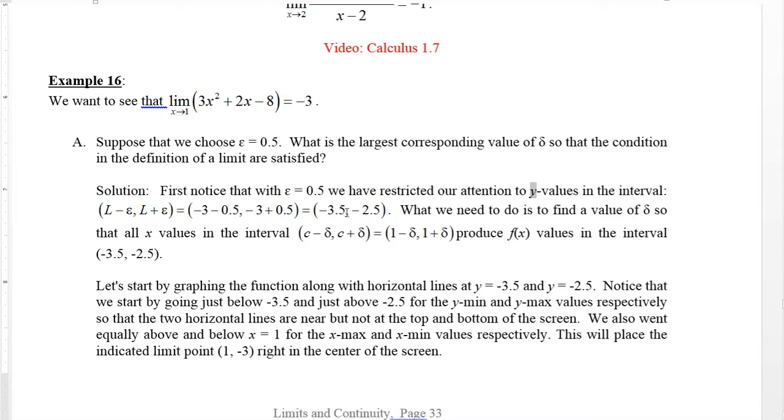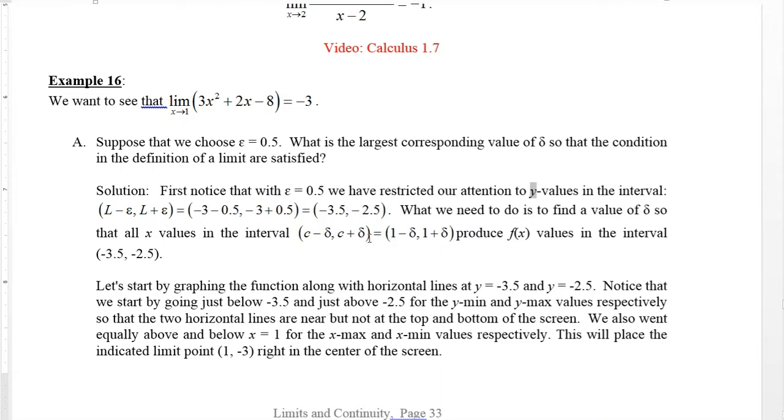If we're thinking about the picture, we're drawing horizontal lines at y equals negative 3.5 and y equals negative 2.5. What we want is to pick a small enough delta so that all the y values will be in this interval. So if the x's are in this interval, the y's will be in this interval.